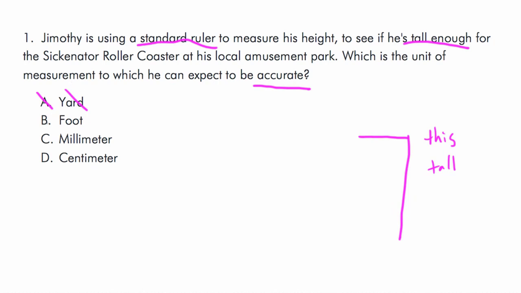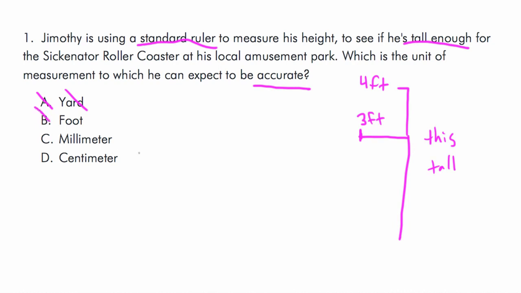Feet, well, you do talk about people being feet tall, like 6 feet tall or 5 feet 6, but if the sign says you must be this tall and it's going to be accurate, that means you would either be 3 feet or 4 feet. And that means there's nothing in between, because the most accurate you can be is whatever the measurement unit is. So that's actually going to be wrong.